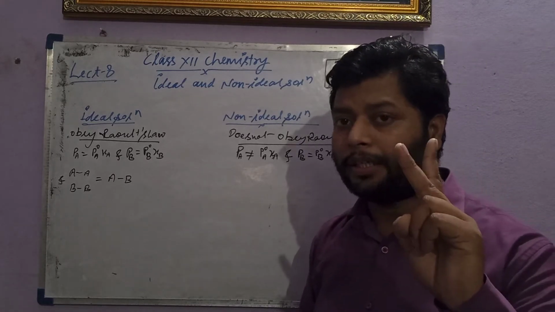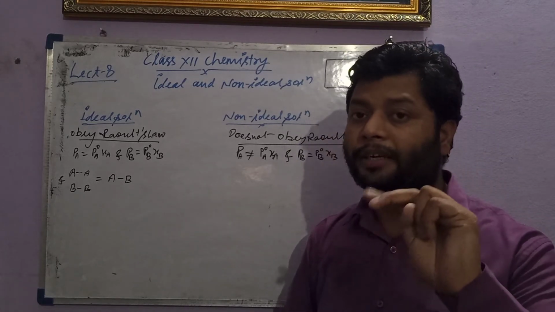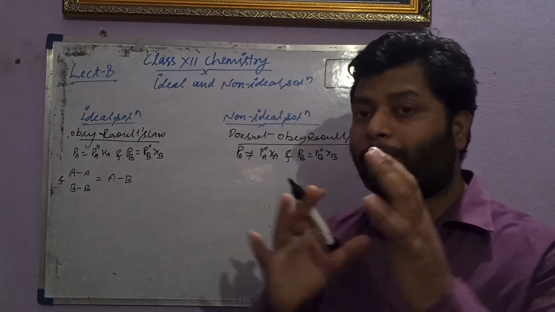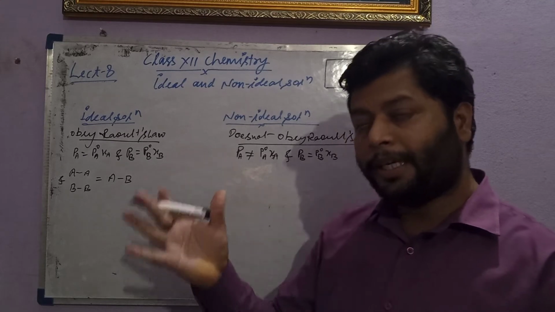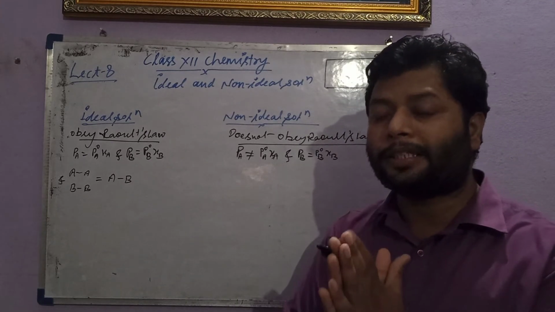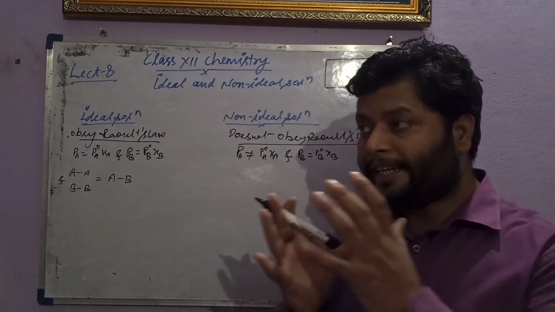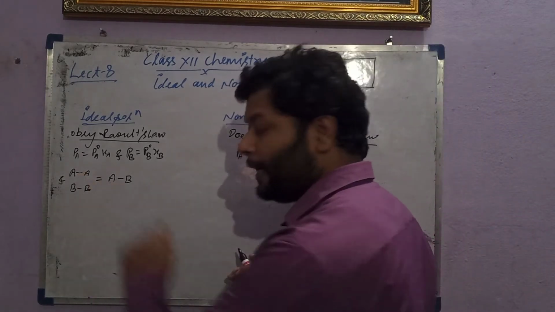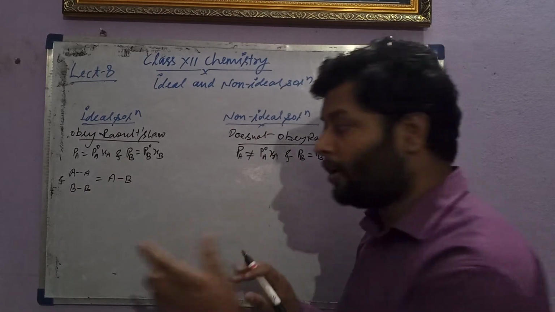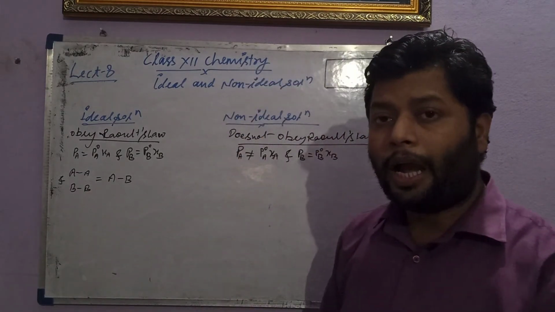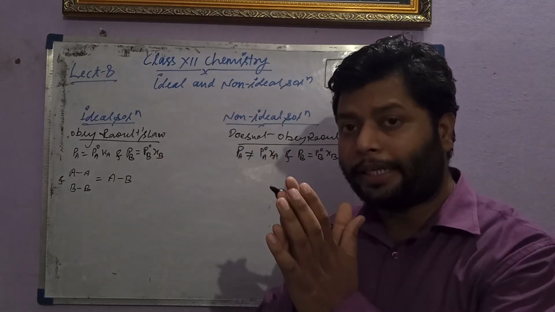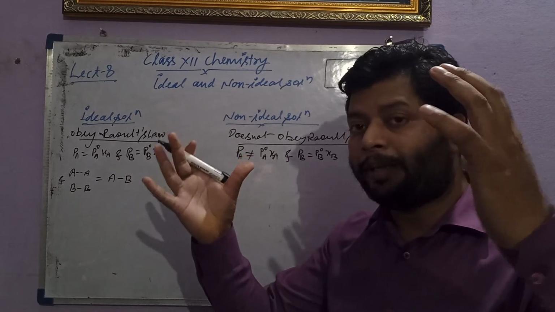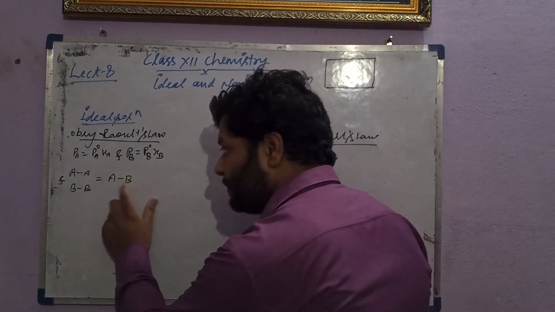We have two different components. For component A, there is some intermolecular force of attraction between A molecules. For component B, there is some intermolecular force of attraction between B molecules. Individually, the force of attraction between A and A is called A-A, and the force of attraction between B and B is called B-B. When these two components are mixed together, the force of attraction between one molecule of A and one molecule of B is called the force of attraction A-B.